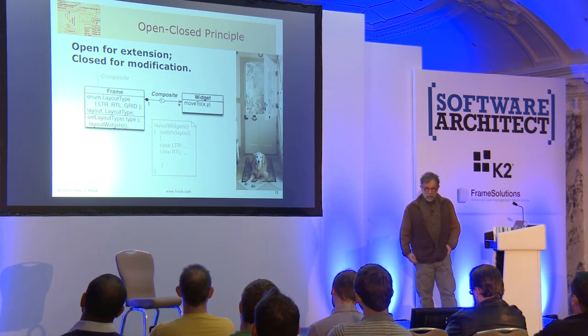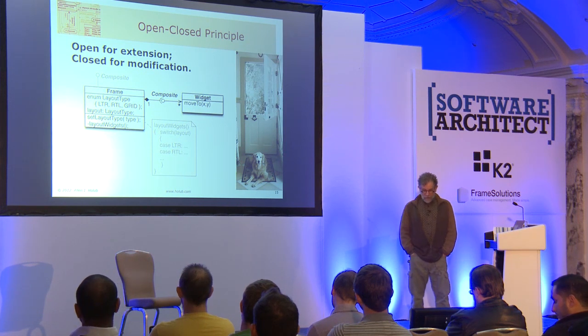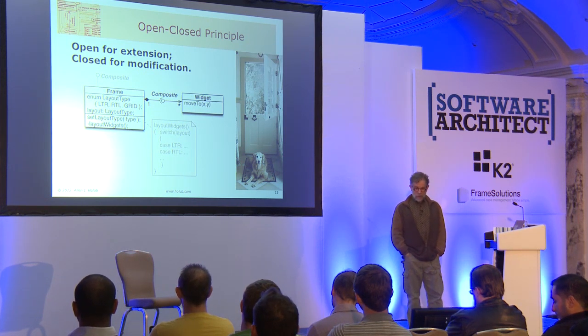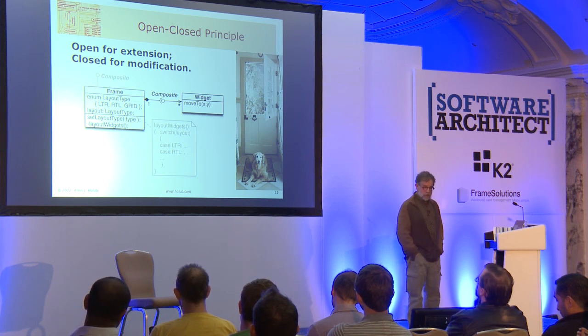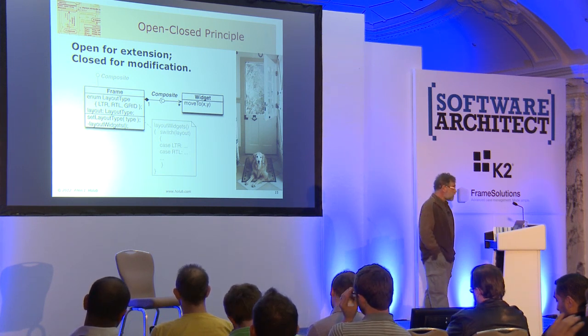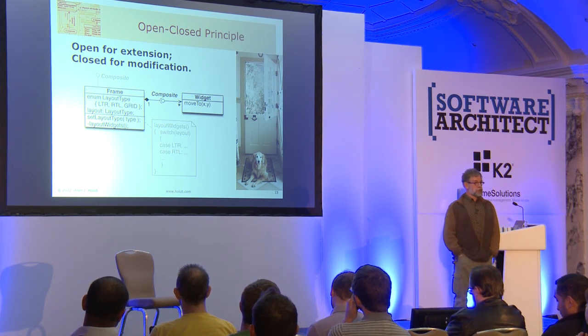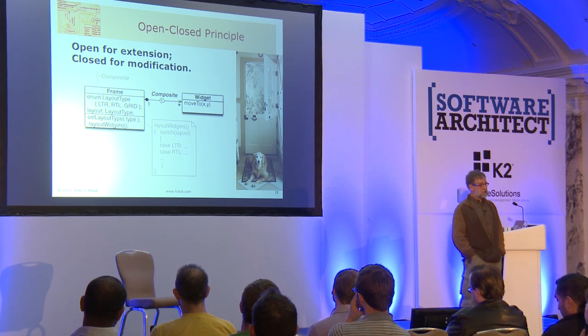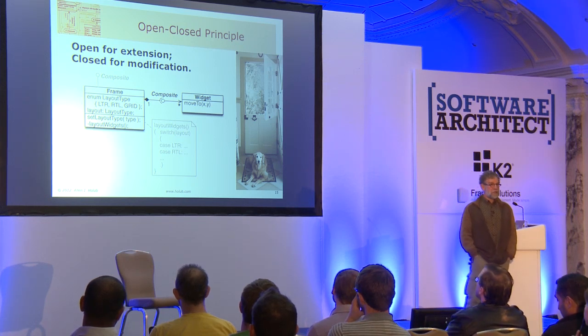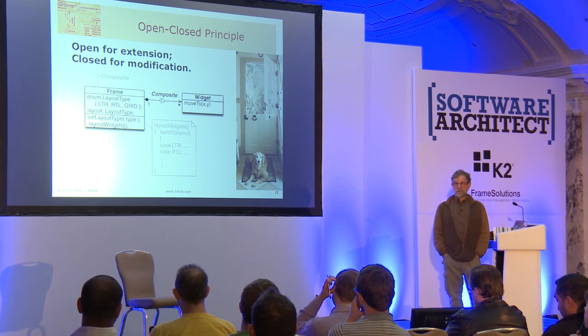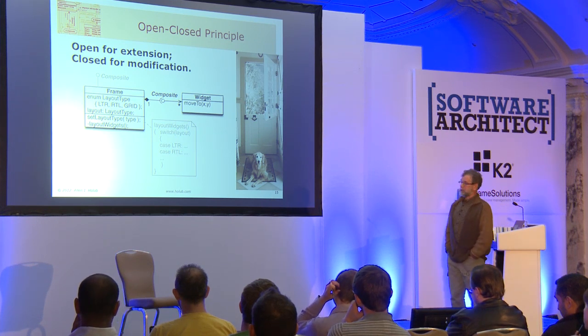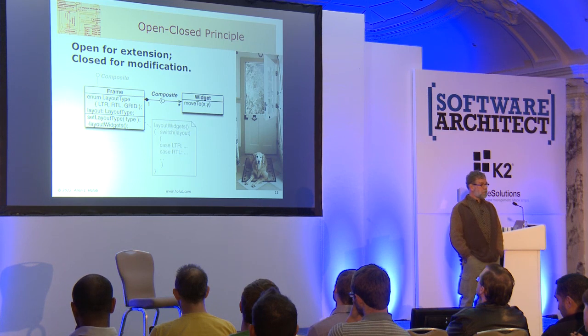The next one, the open-closed principle. This Dutch door is simultaneously opened and closed. The basic idea of the open-closed principle is that it should be possible to change something without actually changing it, which is an interesting concept. Those of you that sat in the design patterns class that I did yesterday will know that there are a couple of design patterns that are focused expressly on solving this particular problem.